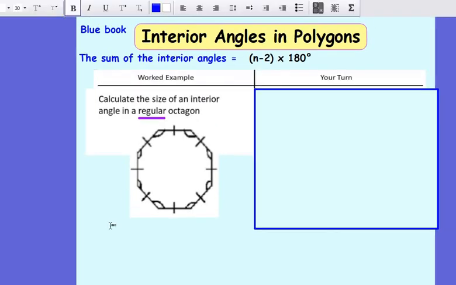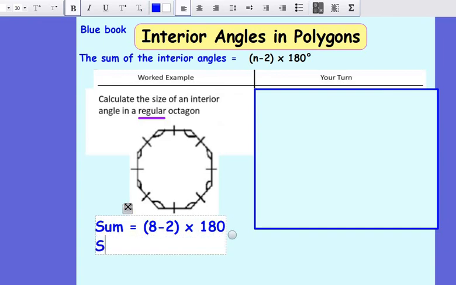So we know the sum of the interior angles is going to be n is 8, so we've got 8 minus 2 times 180. So the sum of all those interior angles is 6 times 180, which is 1080. But we've been asked to find the size of one of the interior angles.